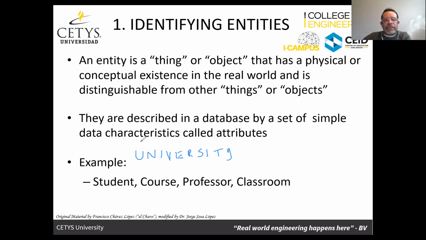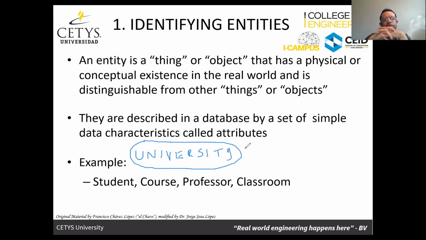The context of the system is the university. We're developing a database for the university. So if we think about a university, what could be entities under this concept that would have to do with the university system?